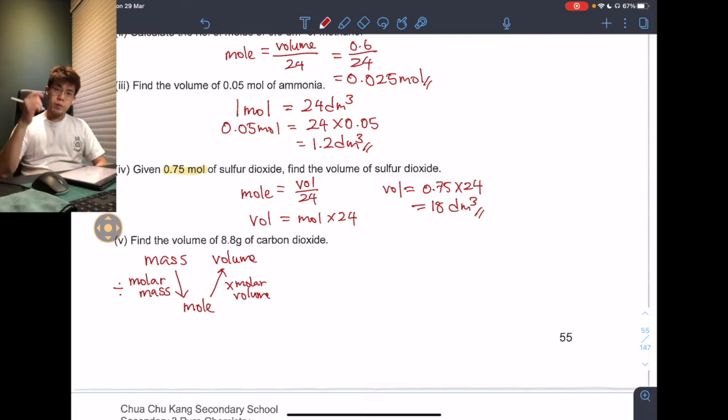So you must remember your ratios, your formulas, and the concepts well, so you can do this. Let's tackle this question.